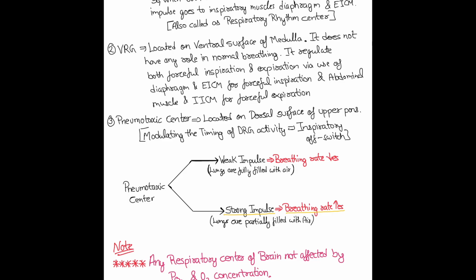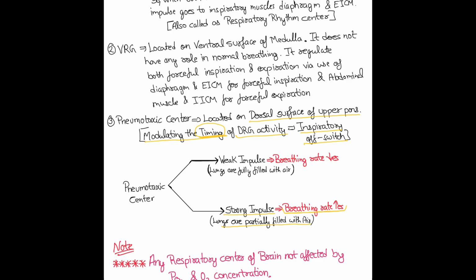So if you are breathing very fast, your lungs are also not filled with air. They are partially filled with air, so your overall breathing rate increases. As I already said, it is modulating the timing of the DRG activity. It is also called the inspiratory off switch, located on the dorsal surface of the upper pons.